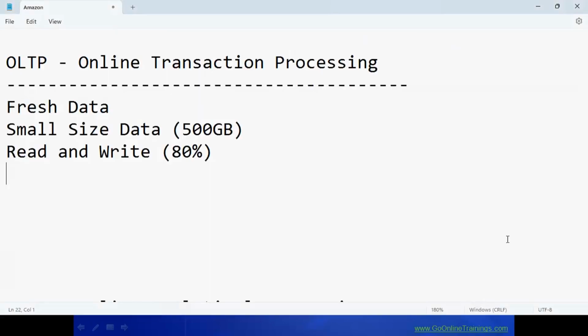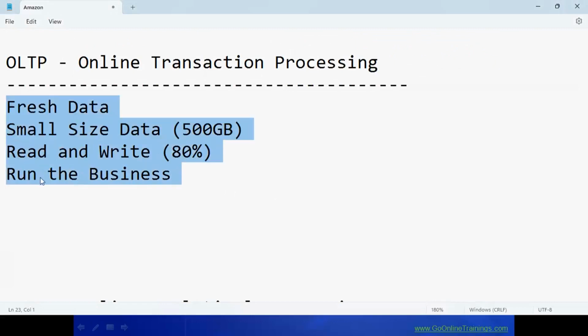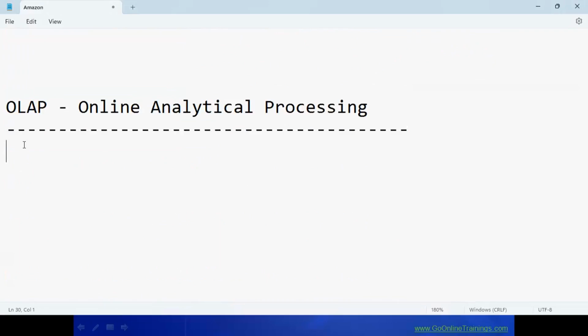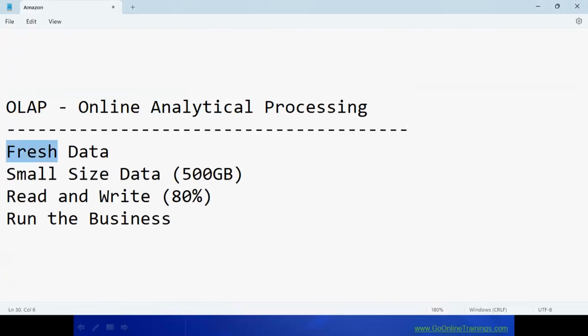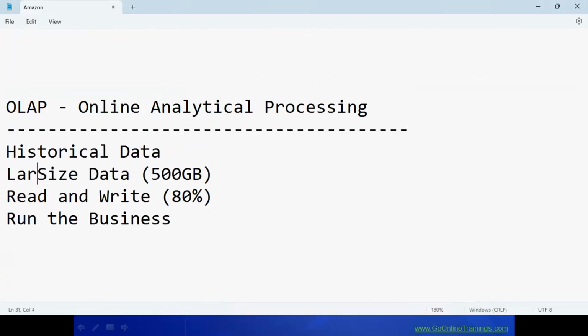OLTP is there to run the business. So to run the business, all the business data is going to go. But once it is full, all the data is going to be dumped to here. So this is not fresh data. This is historical data of the company. It is not small size data, it is large size data.